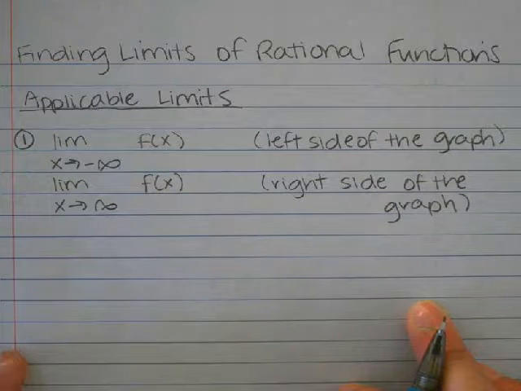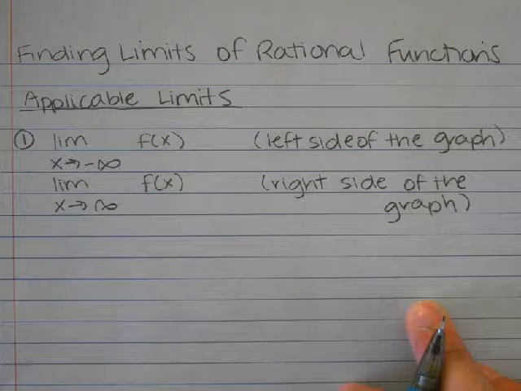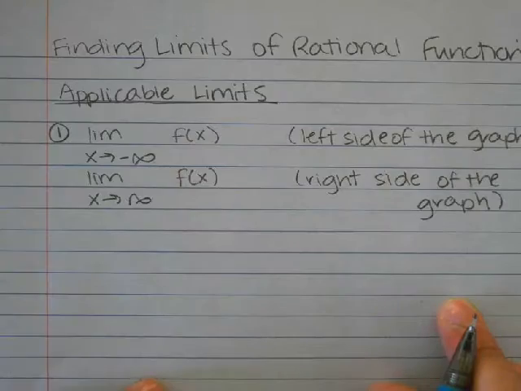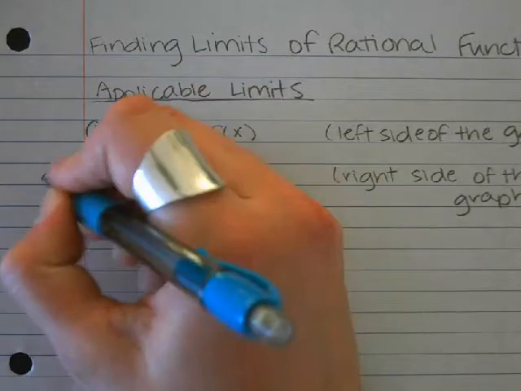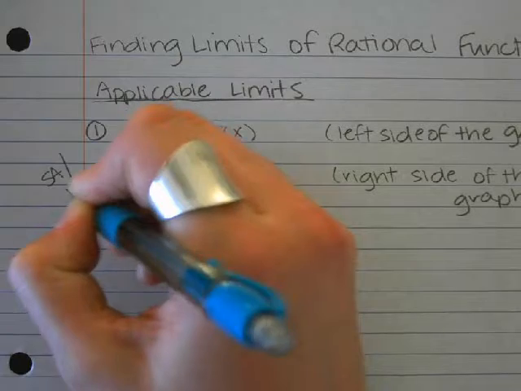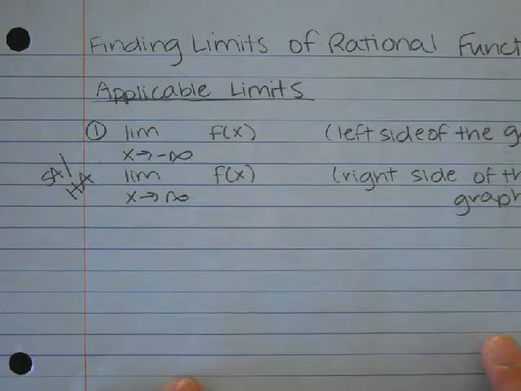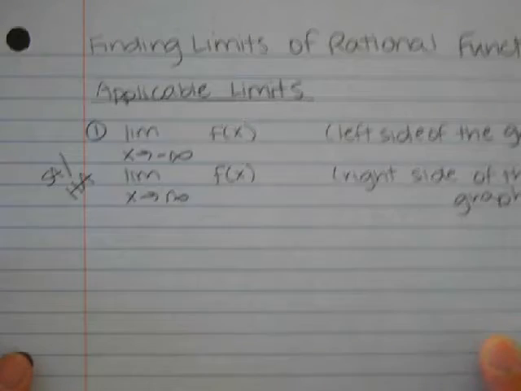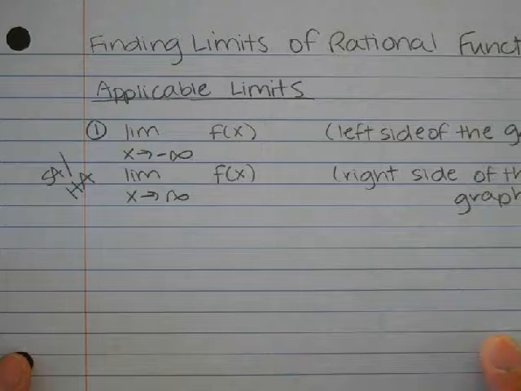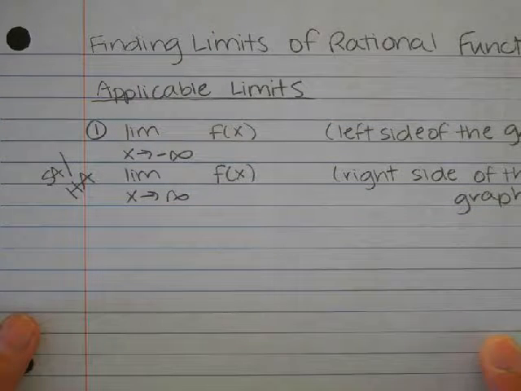Every single time, the answer for these two is either going to come from the slant or the horizontal. Okay? So I'm going to write that off to the side. Slant asymptote or horizontal asymptote. As we do some example problems, you're going to see how specific those different situations will make your answers. We're going to have certain answers for each situation.